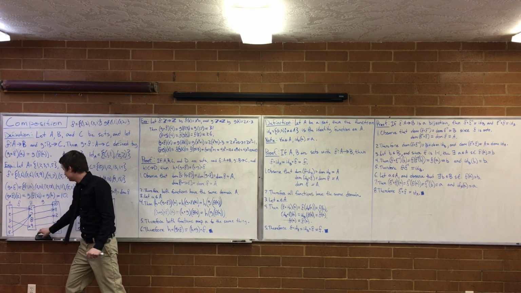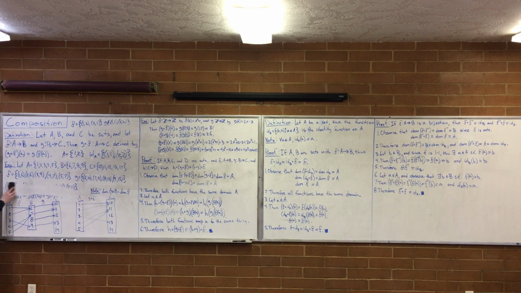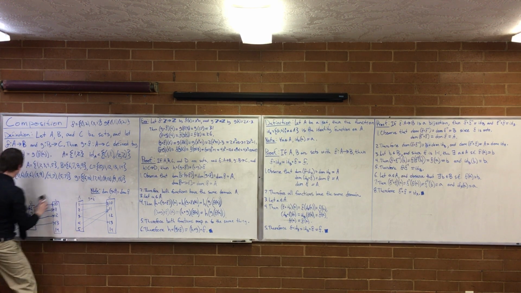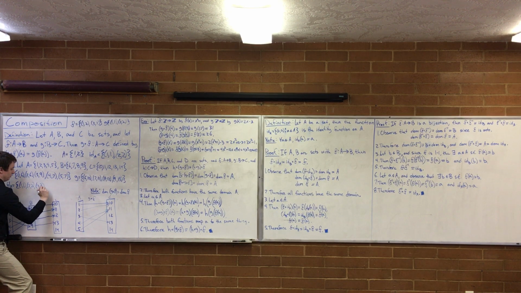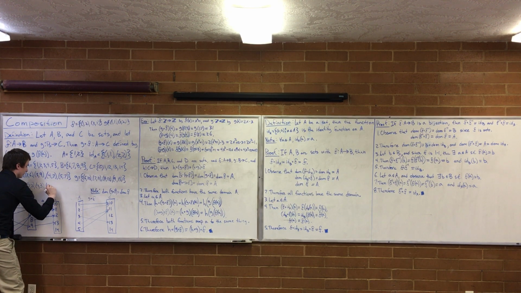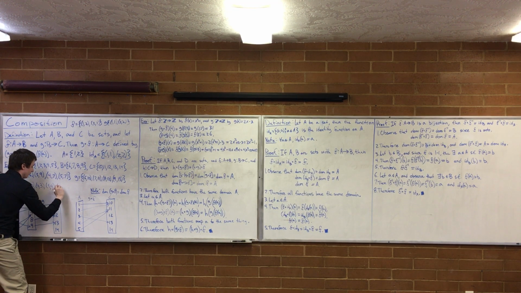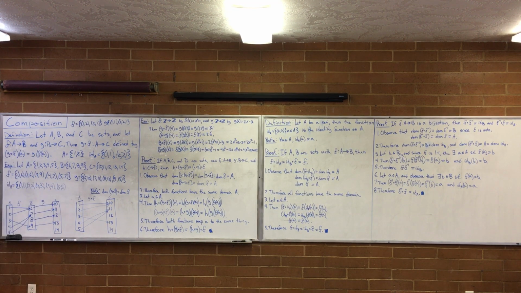Yeah, so let's think about this example over here once again. Let's see what would happen. So here's f. Let's write the identity on A and the identity on B, and let's write out what these things give. So what's the identity on A in this case? 1, 1, 2, 2, 3, 3, 4, 4, 5, 5.